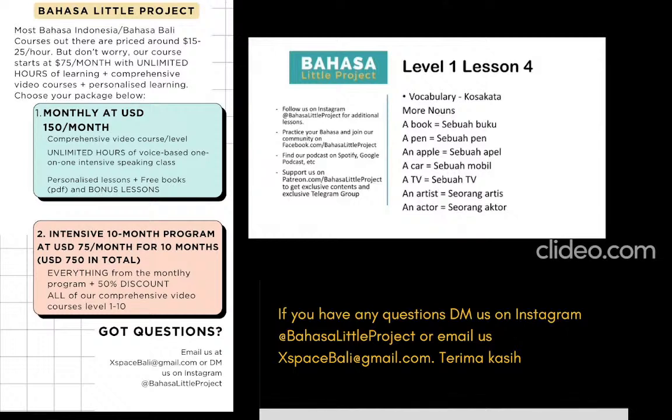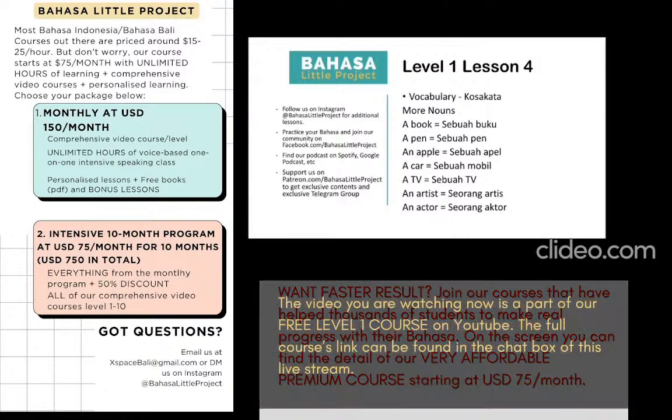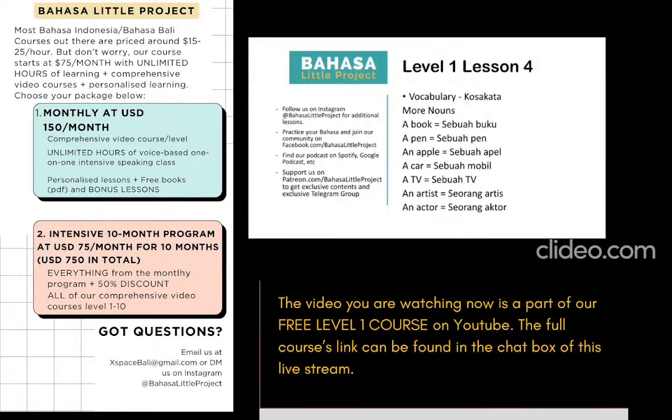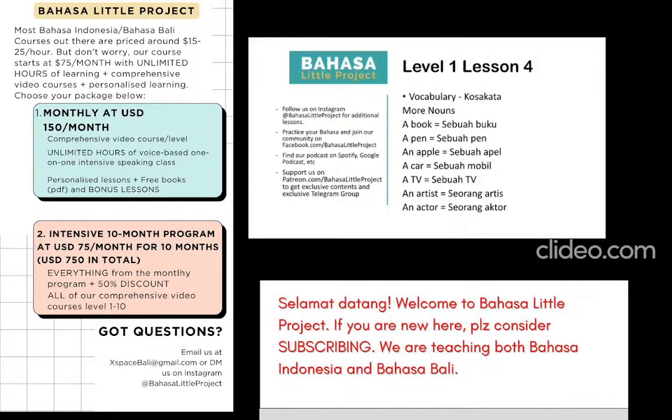And an artist is seorang artis. So now you are learning something else. For things or stuff, for inanimate objects, you need to say sebuah. But for people, if you want to say a person, an artist, an actor, a doctor, you cannot say sebuah, but you need to change that into seorang.